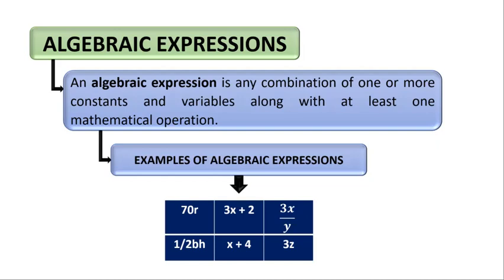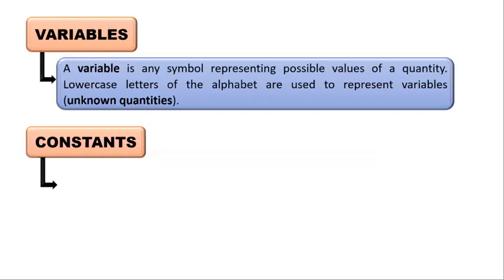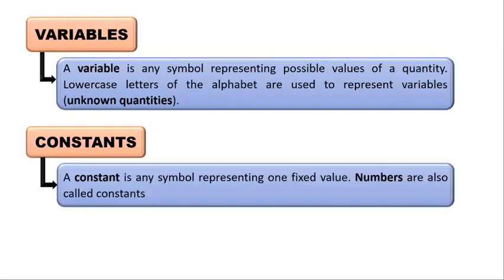Now let us define what are variables and constants. When we say variable, it is any symbol representing possible values of a quantity. Lowercase letters of the alphabet are used to represent variables or unknown quantities.